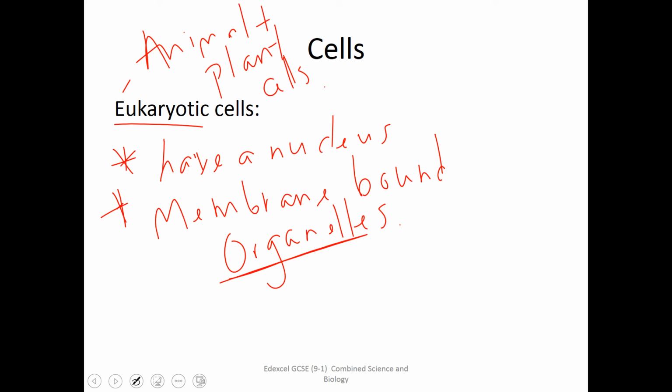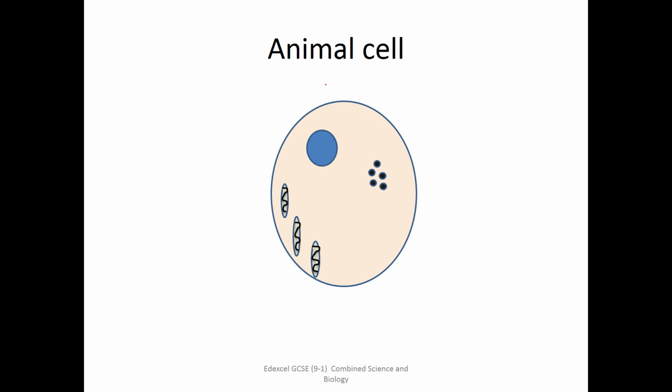The first cell I will be looking at is an animal cell. The following diagram is a general animal cell, and I have included the key subcellular structures that you need to know about. So, firstly, we have the nucleus. The nucleus contains chromosomes.